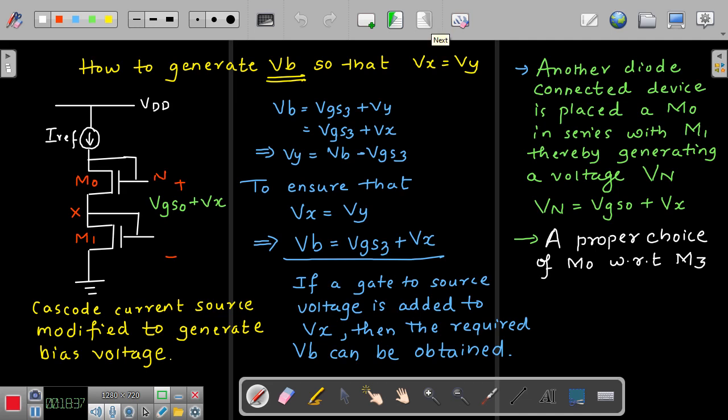A proper choice of M0 with respect to M3 yields VGS0 equal to VGS3. Now we have a similar or symmetric transistor selection as far as M0 and M3 are concerned. So if you properly select M0 with respect to M3, we will get VGS0 equal to VGS3.